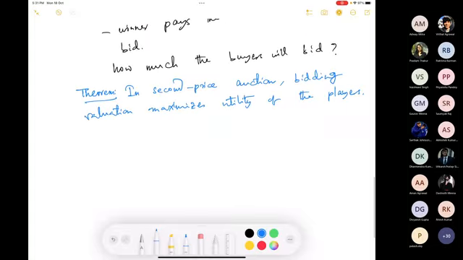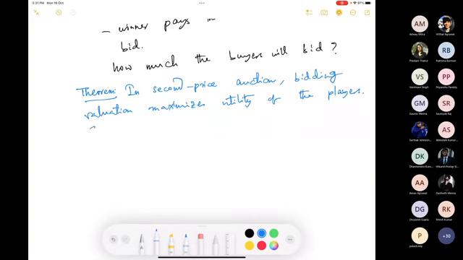So such a strategy is called a dominant strategy. In some sense, this particular strategy of bidding valuation dominates all other possible strategies.